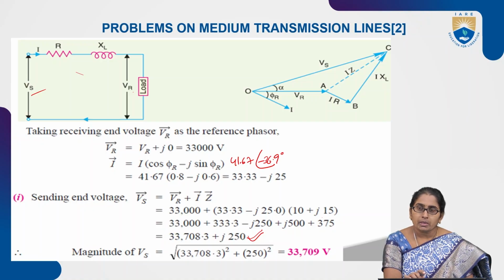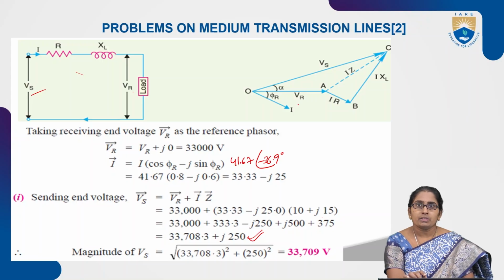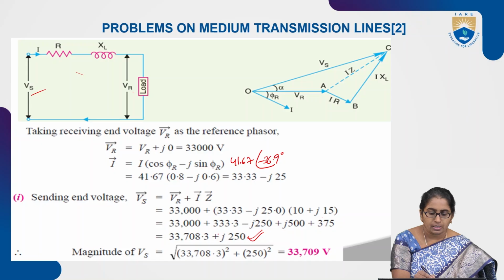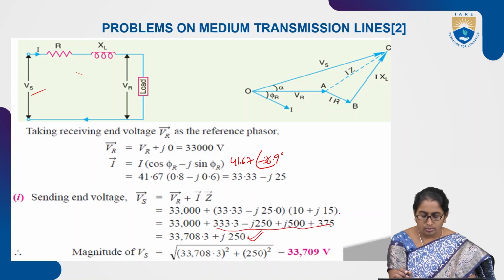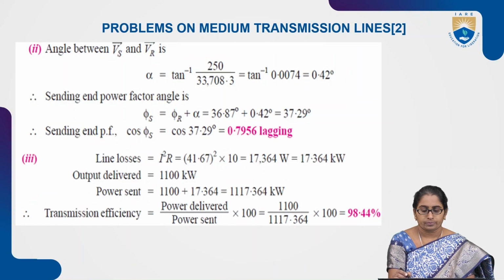Tan alpha is given as Iz by Vr. Vr is 33,000, right? Iz is already calculated, and it has a magnitude of 250.